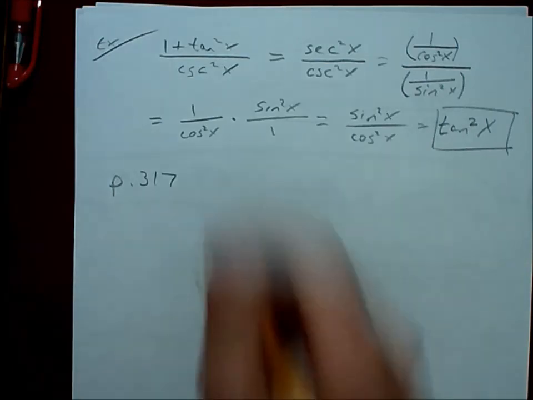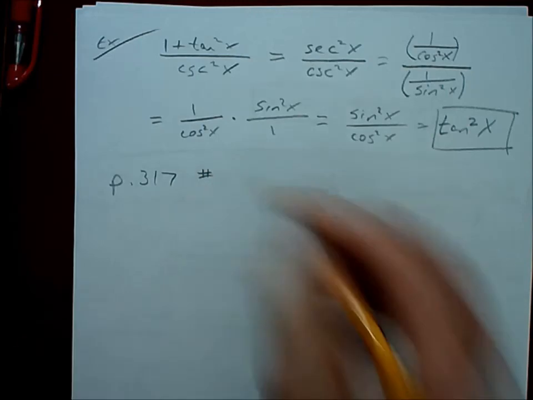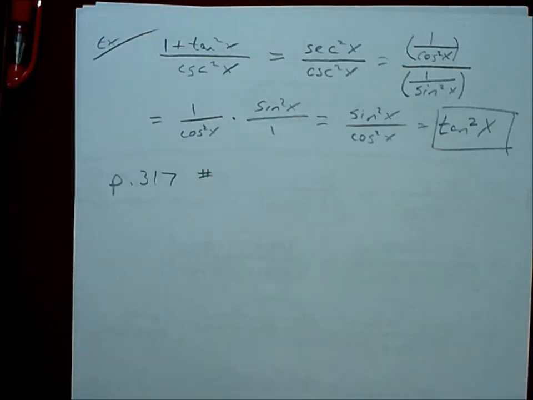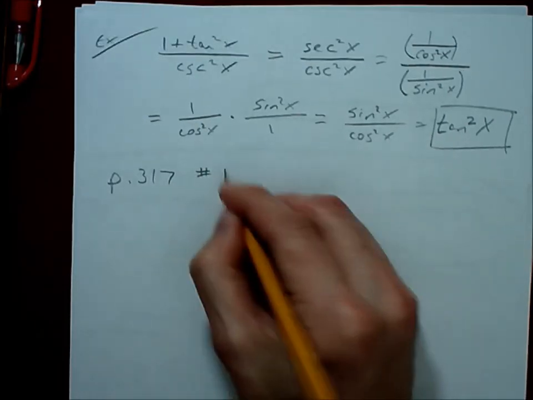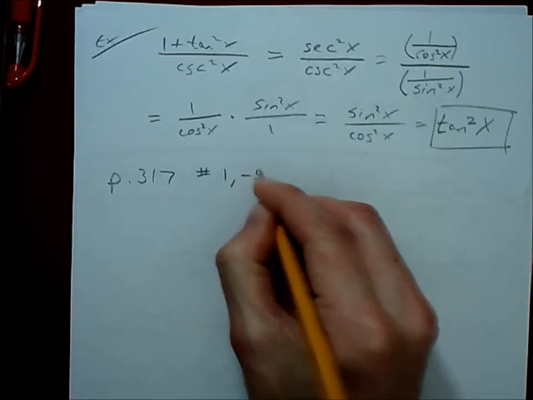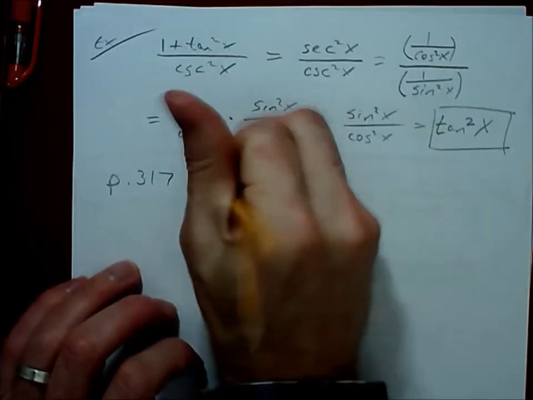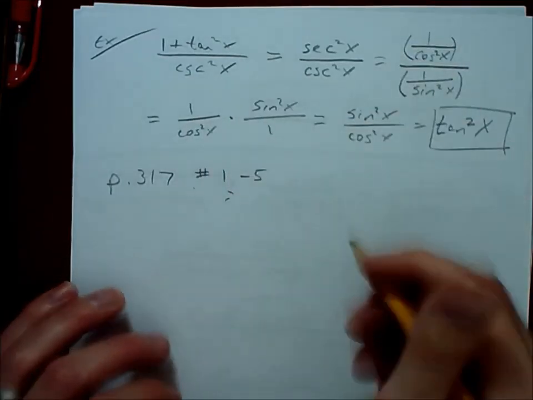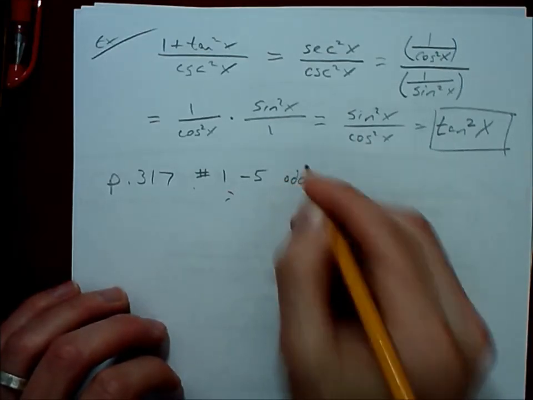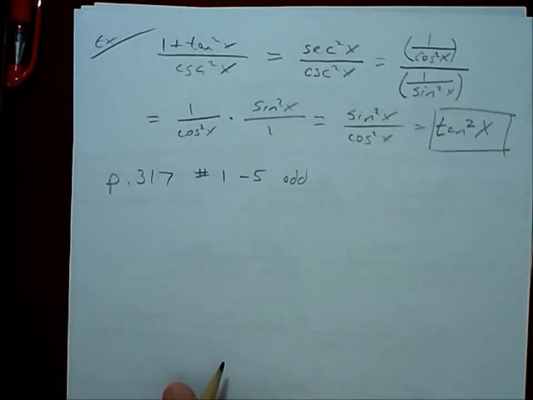Okay, so we'll start off with a couple that were similar to some warm-up problems. So let's say 1 through 5. And by the way, these are all going to be odd. And then I want you to try some that are a little bit more complicated.